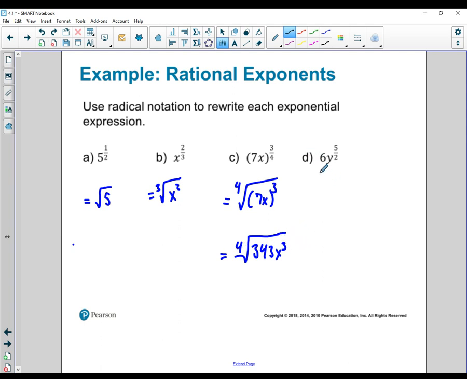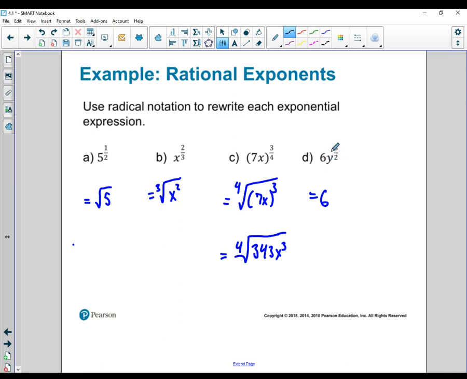And then here we have 6y to the 5 halves. Again, here's where you have to be careful of what your exponent is actually attached to. This 6 does not have an exponent on it, so this 6 just stays a 6.